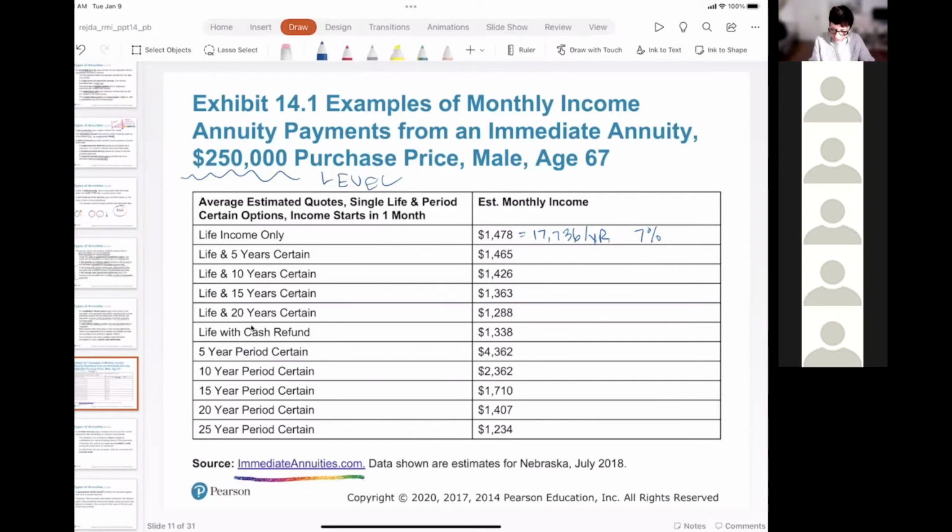So if ABC insurance company that our 67-year-old buys his annuity from goes belly up and says, we're super sorry, but we lost a bunch of money and we can't make your payments, the insurance company is backed by the state guarantee fund, which all insurance companies pay into, to make sure that scoundrel companies like ABC that went broke don't ruin it for them.